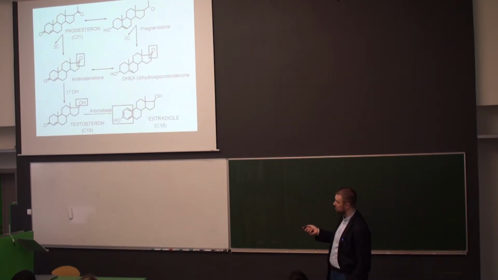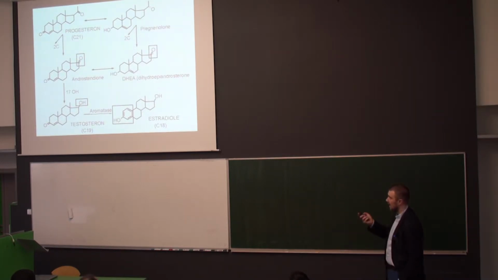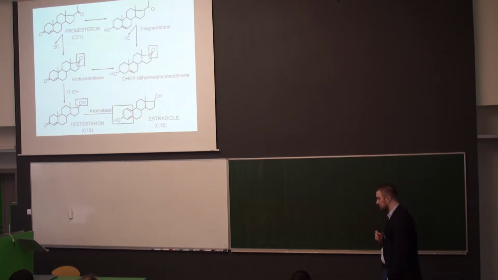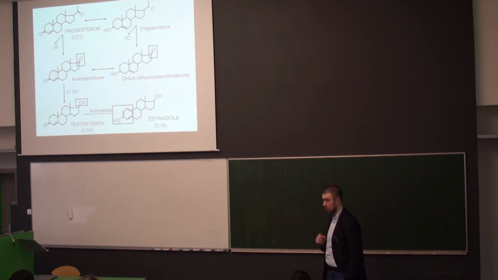So that's testosterone, a 2-step synthesis. The first is minus 2 carbon atoms by 17,20 lyase, and then a reduction of the keto group to a hydroxy group, giving 19 carbon atoms.